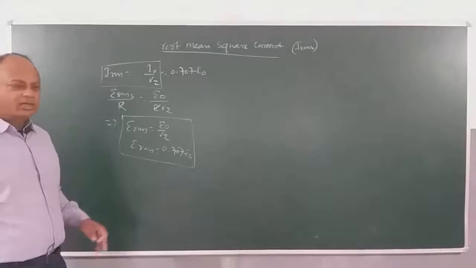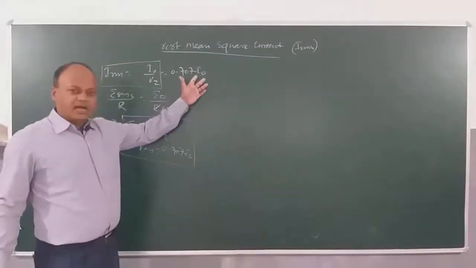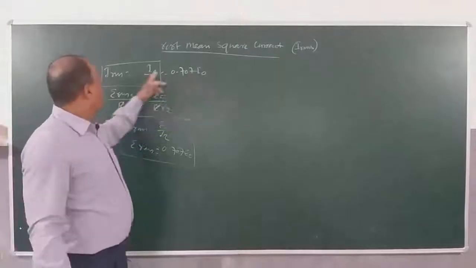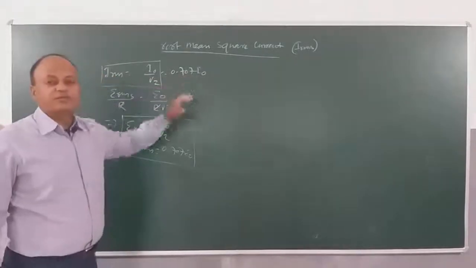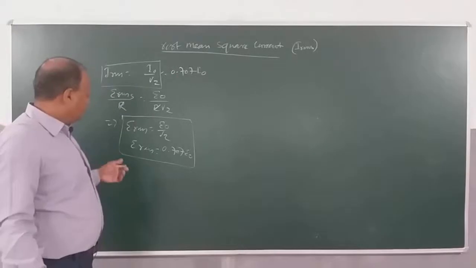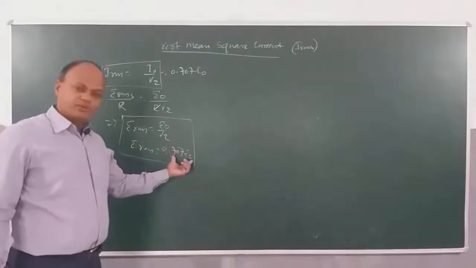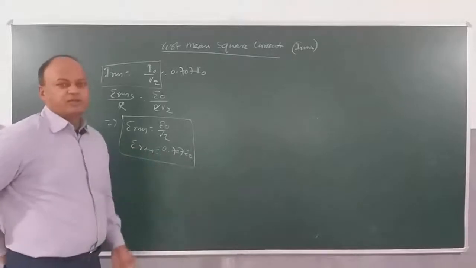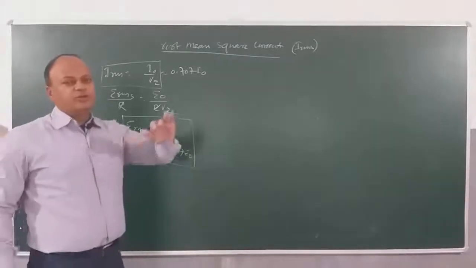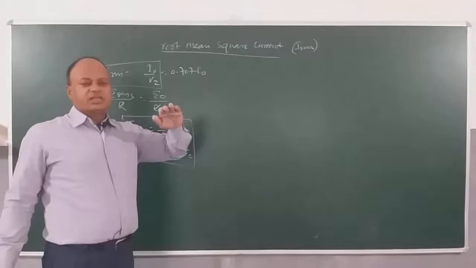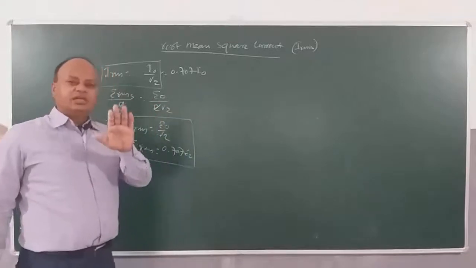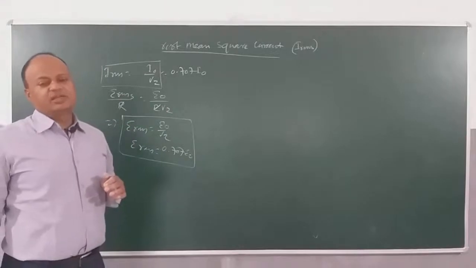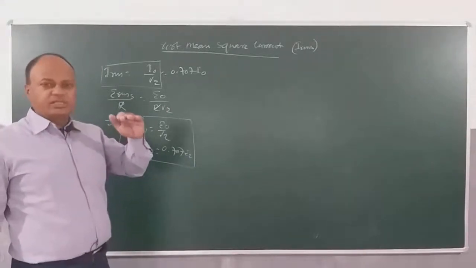That means, children, if your peak current I naught is 10 amperes, then RMS current is what? 7.07 ampere. And if your peak voltage is, suppose, 100 volts, then RMS voltage is what? 70.7. Means I am not going to be able to use 100 volts steady. I will be using how many volts? Nearly 70%. That is 70.7 volts steady voltage I will be able to use.